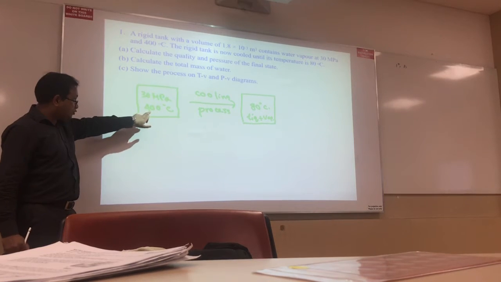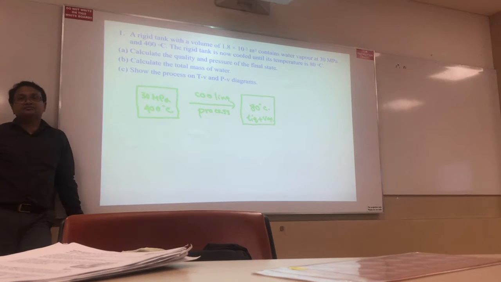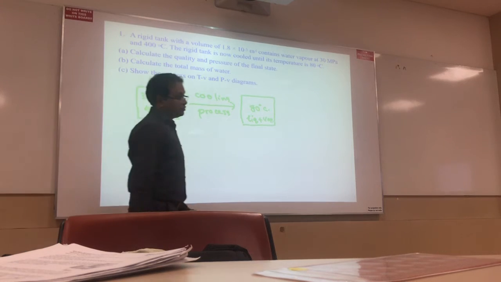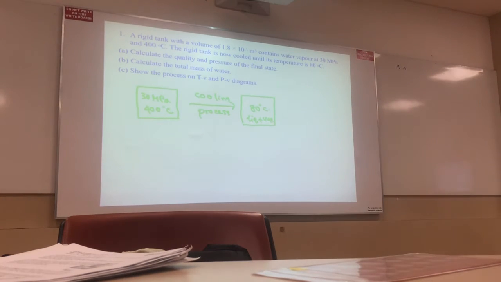30 megapascal and 400 degrees Celsius. What is this for water? You remember? 400 is higher than critical temperature. Pressure 30 megapascal is higher than critical pressure. So this is supercritical. Very good. This question tells me total volume 1.8 times 10 power minus 3 meter cube.